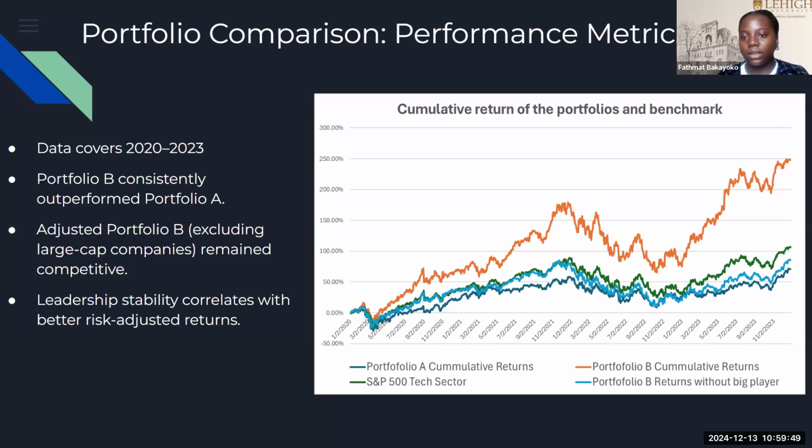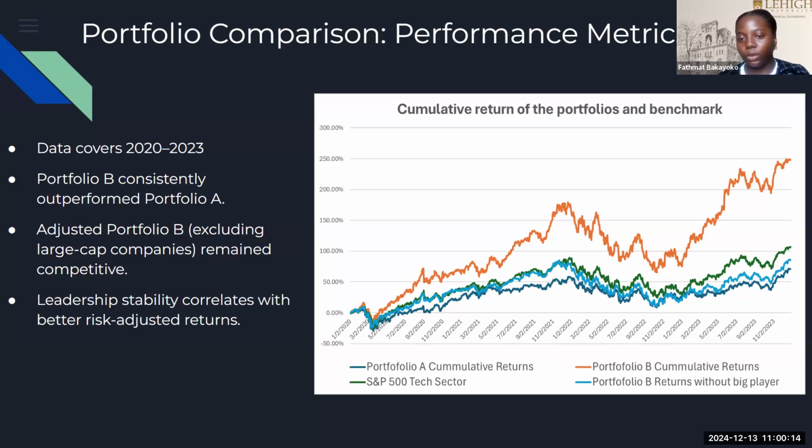From that, one of my assumptions was it may be due to the fact that the big players such as Apple, Nvidia, Microsoft are in this portfolio, or it may also be due to the fact that they have below-average senior personnel changes. So in order to prove that there is no bias, I took out those companies.